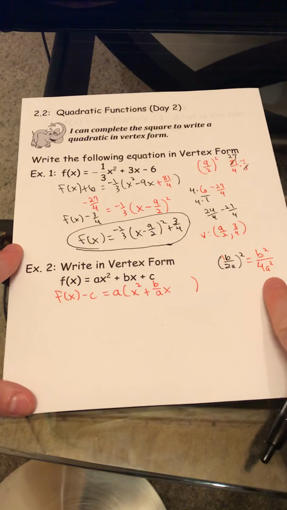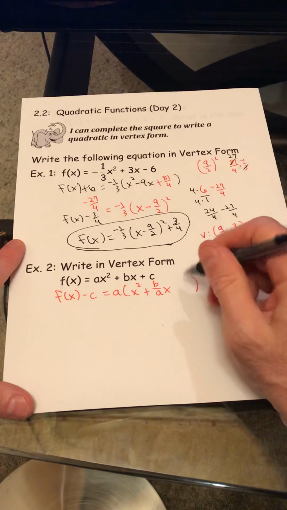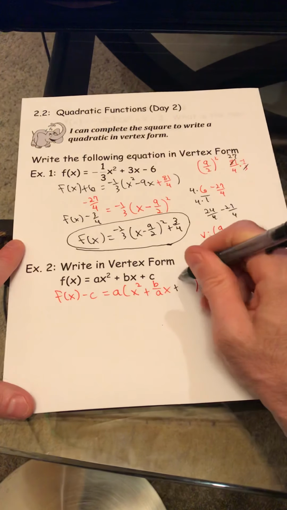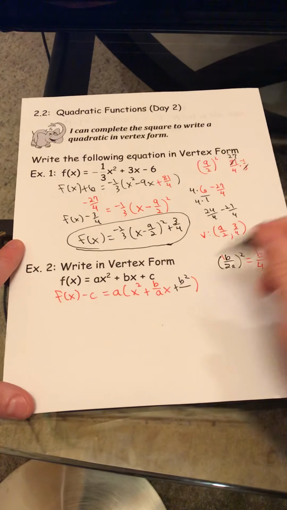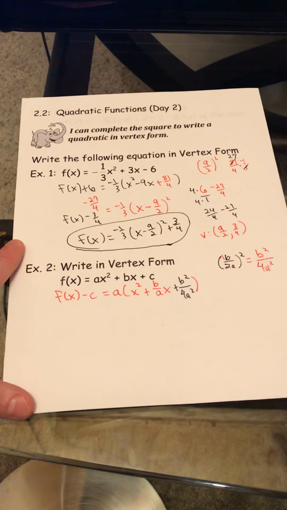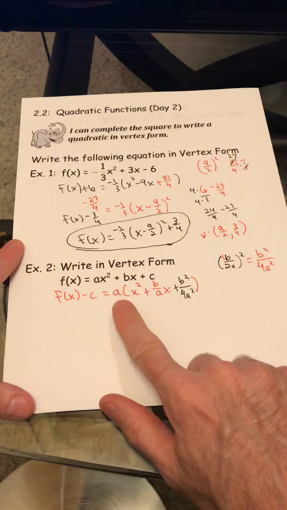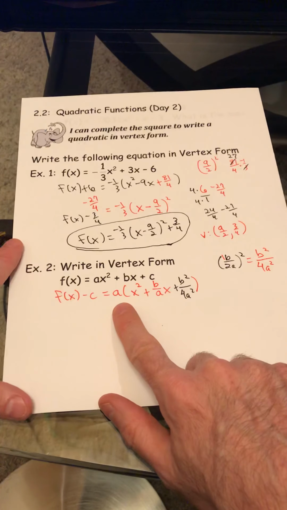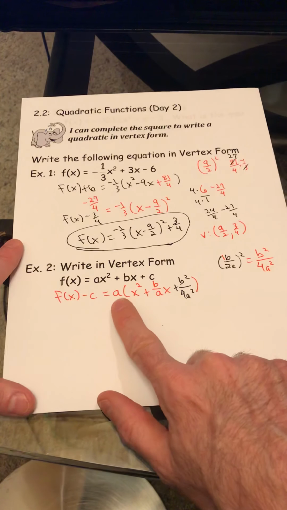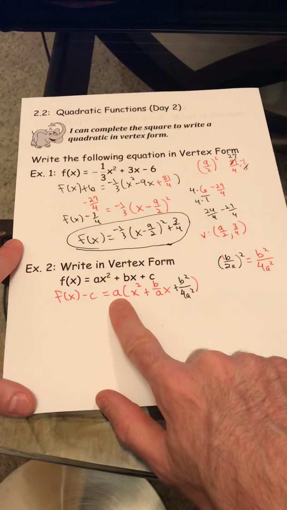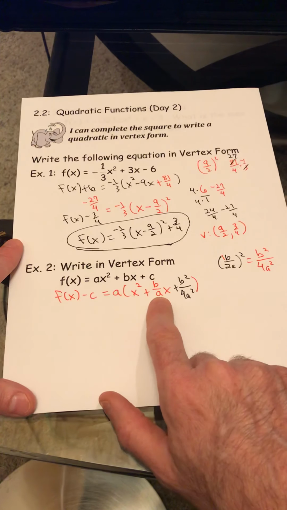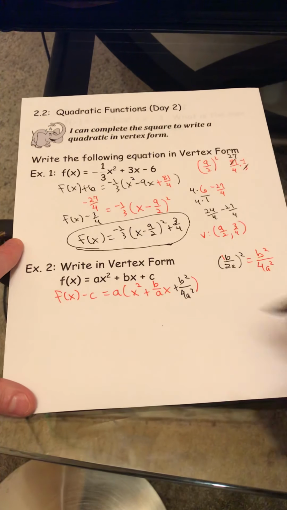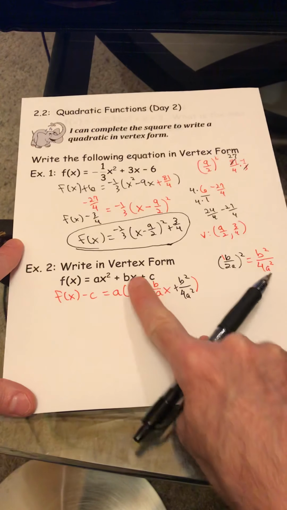So again, writing this into vertex form, I'm going to add b squared over 4a squared. Now, this even allows us to go back and talk about what I was just saying. You multiply a with b over a, the a's cancel, and it leaves you with just the b.